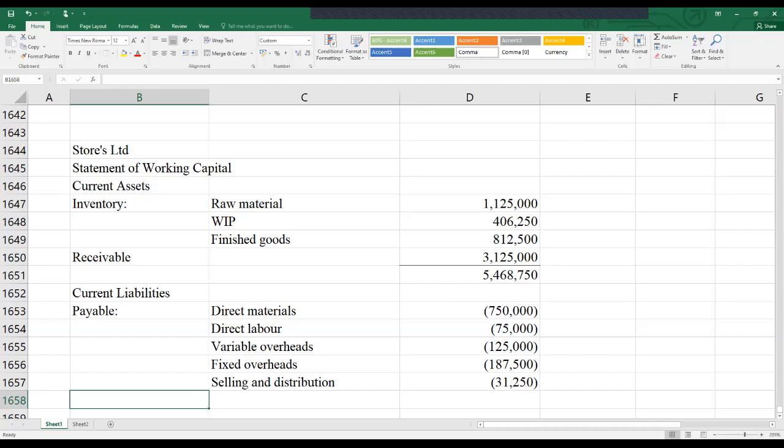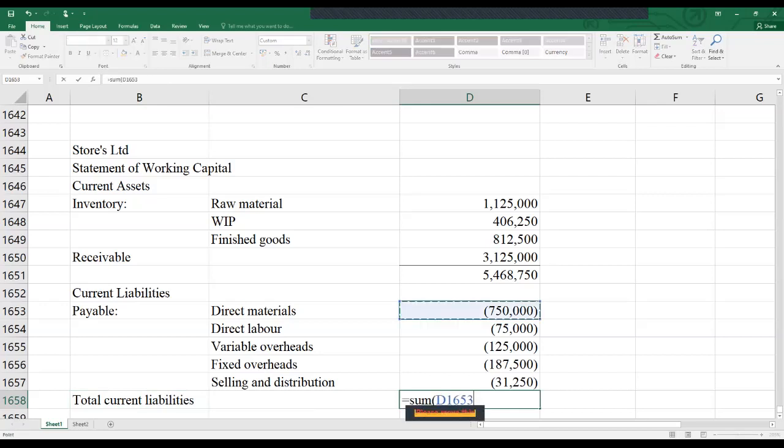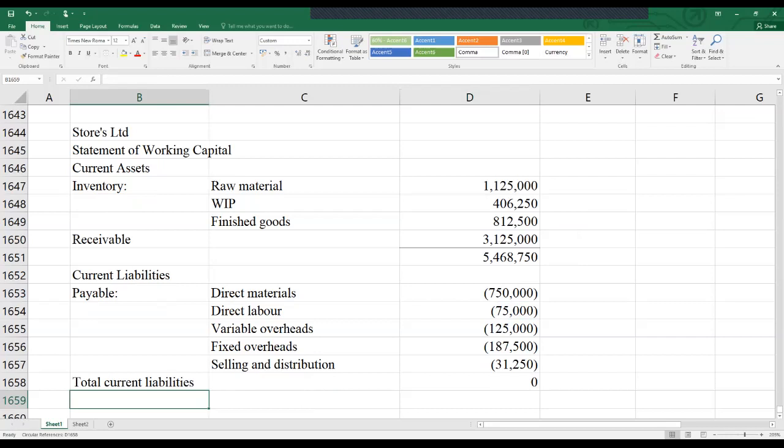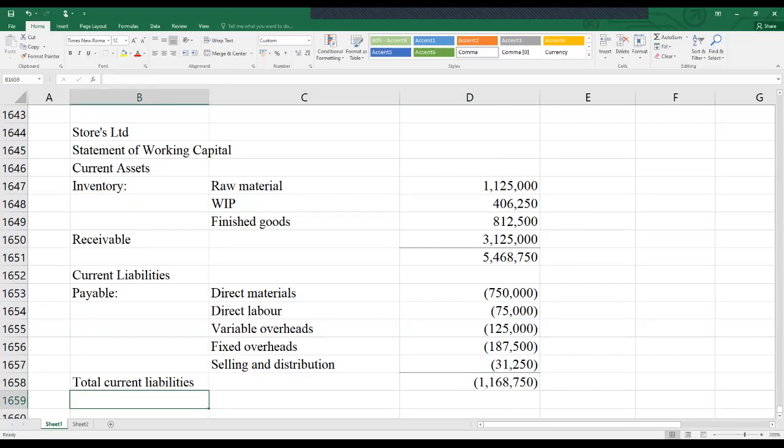Therefore for net working capital, I can just have here total current liability. No need for it, but just put it down. Here you have the sum, 1 million 160,750.